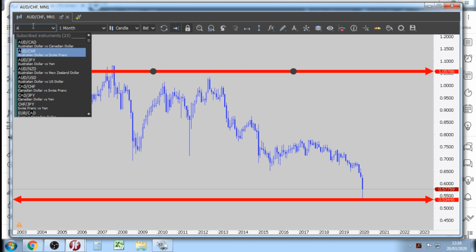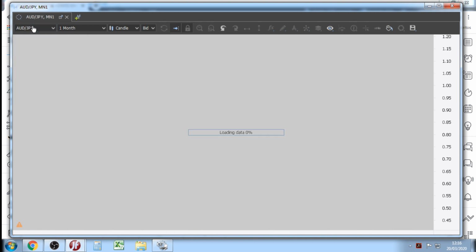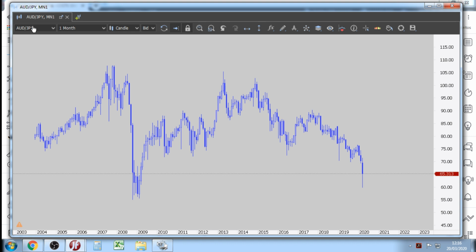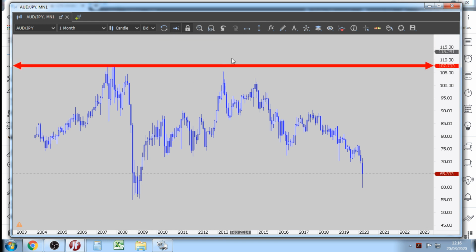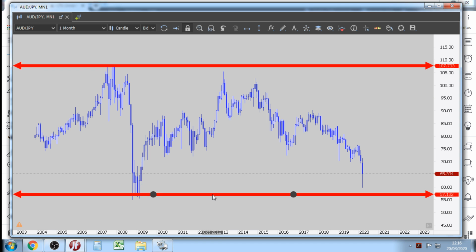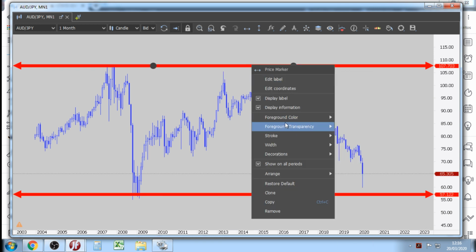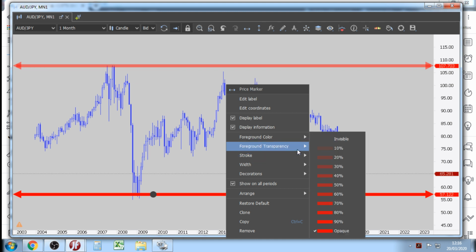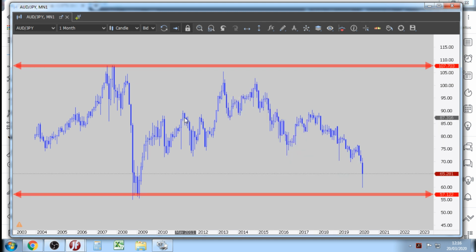Let's move on to AUD JPY. And as you can see, again, we have the upper band, right? And we have the lower band. And let's change the transparency in here.